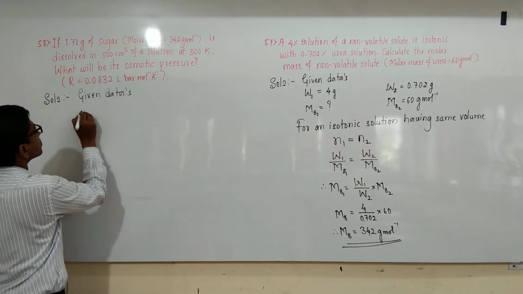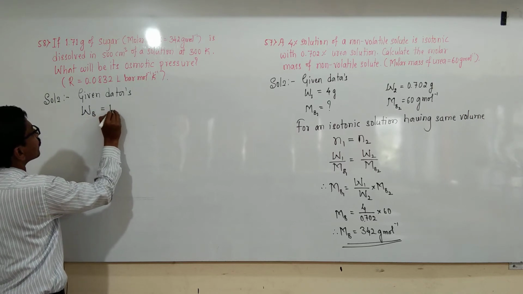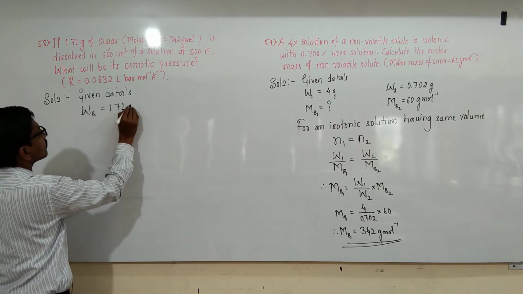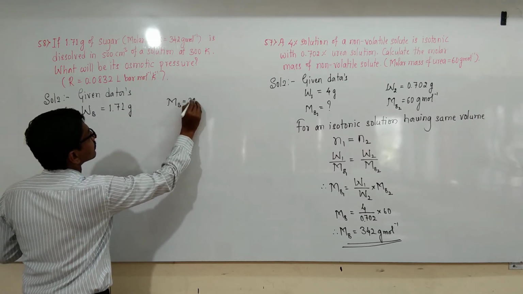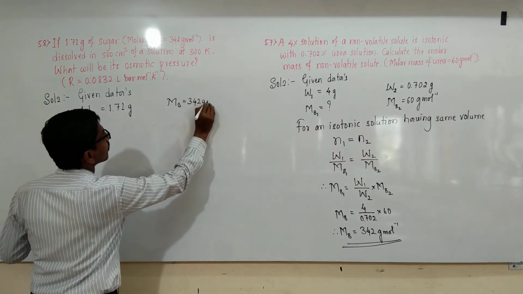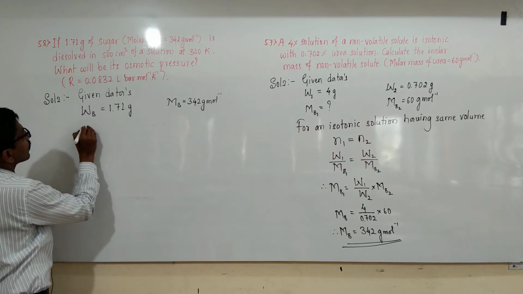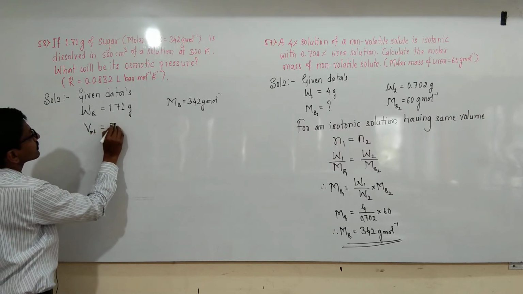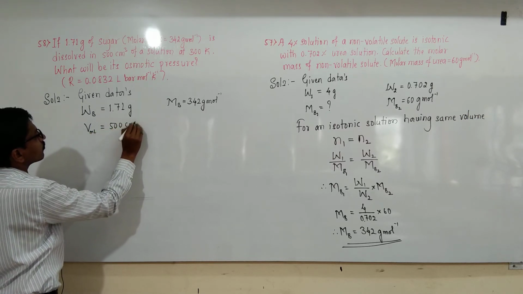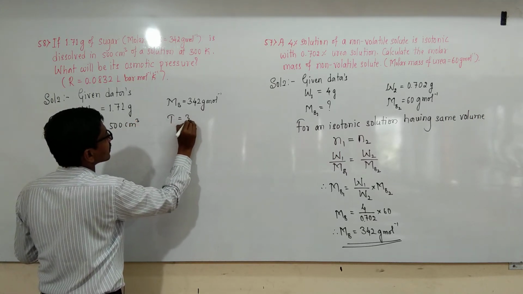Given data: WB is 1.71 gram, MB is 342 gram per mole, then volume of the solution in ml, that is 500 cm cube is also same as 500 ml, and temperature is 300 Kelvin.